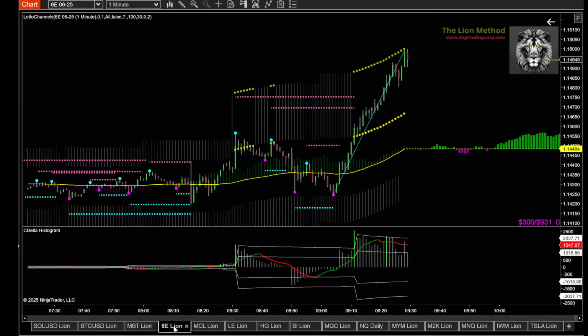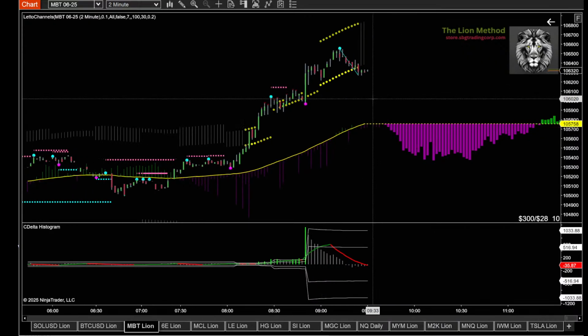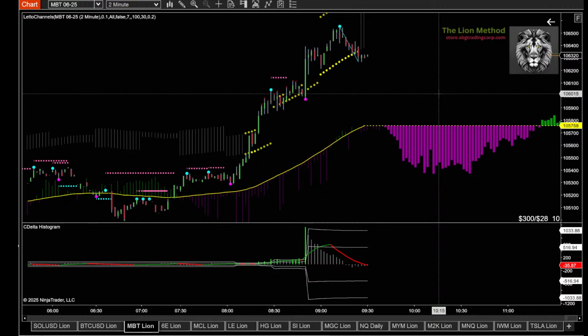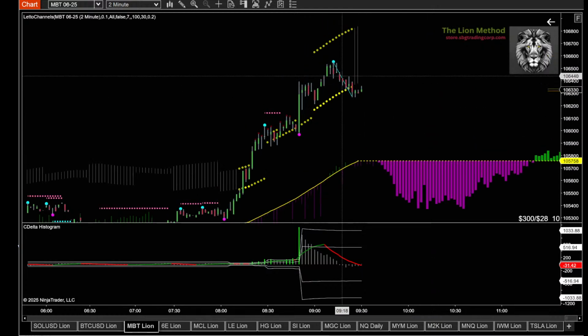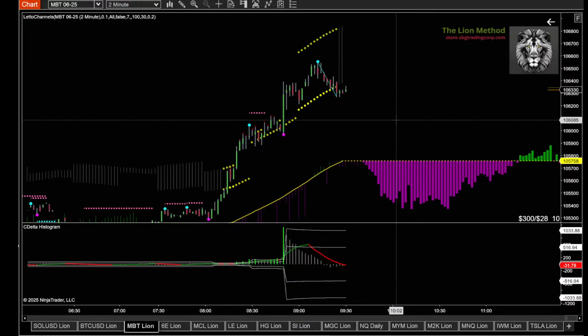6E. Wow. All right, Bitcoin. I got a sell signal, sell level right here. I would also look at that level. 1, 2, 3, 4. It just didn't qualify as a swing, but I would certainly think of that. I think I can trade it in this account, but let's see.